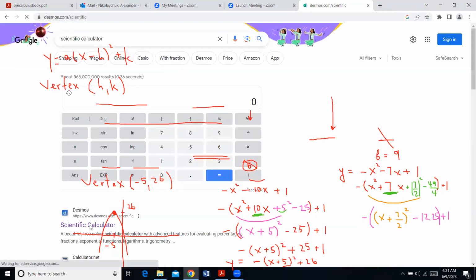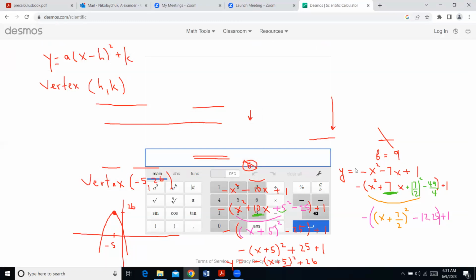And once you divide 49 quarters, you will get 12.25. That's all it is.